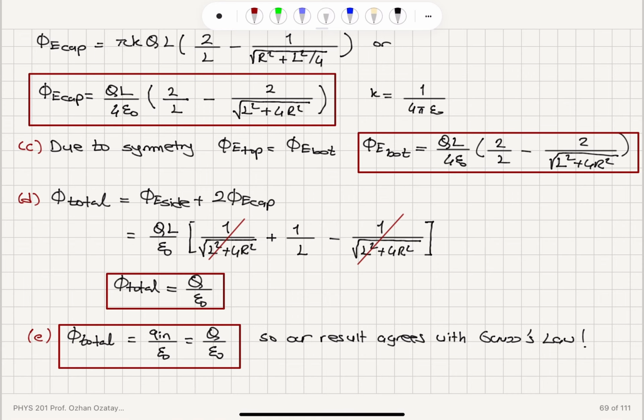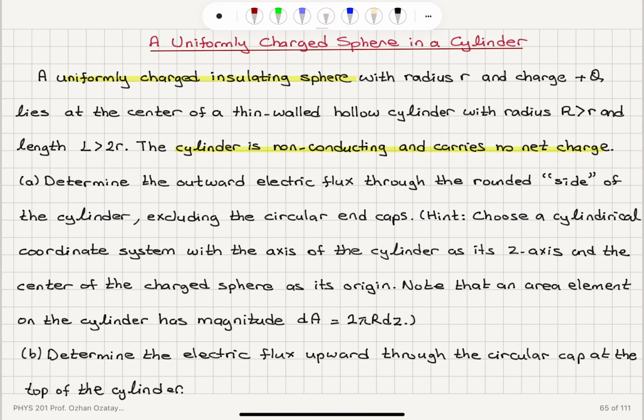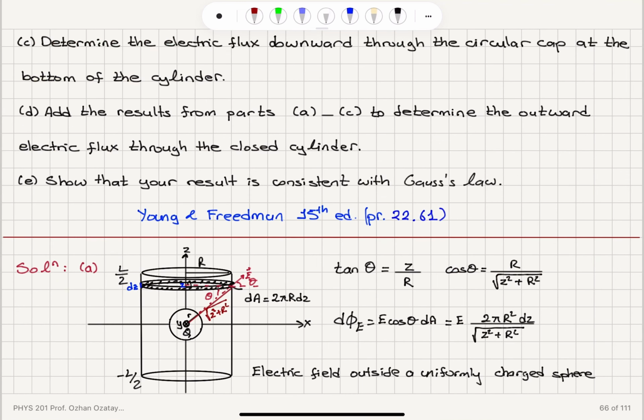Okay, so in this problem we have considered, to summarize, a uniformly charged insulating sphere carrying a charge Q, radius R, at the center of a hollow cylinder with radius capital R greater than R and length L greater than 2R. The cylinder is non-conducting and carries no net charge. So for the side surface, we have considered the area 2 pi capital R dz.